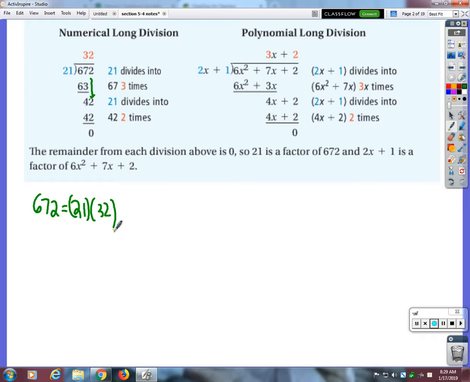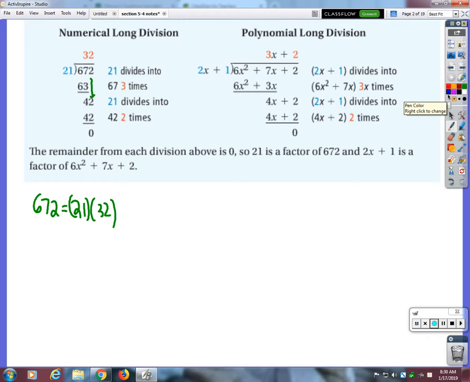You factored it into those two things. And the fact that it went in there evenly means that 21 is a factor of 672. How do you feel about that? All right. So let's see how that relates to polynomial division, because it's basically the exact same thing.